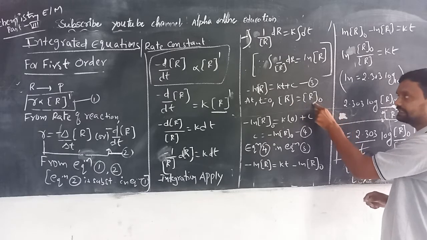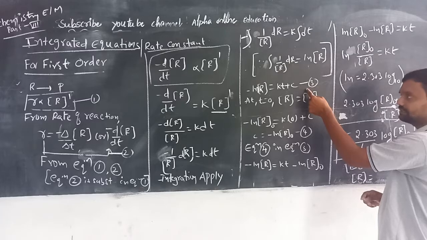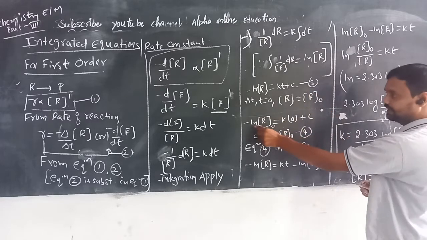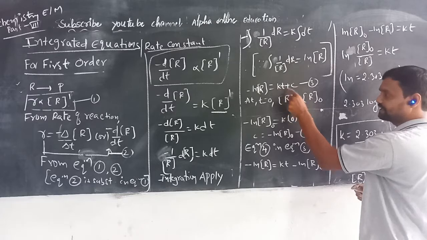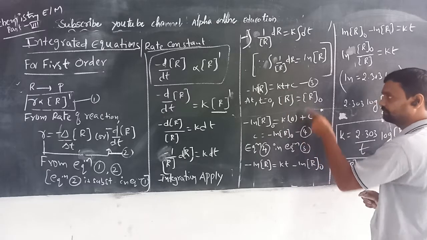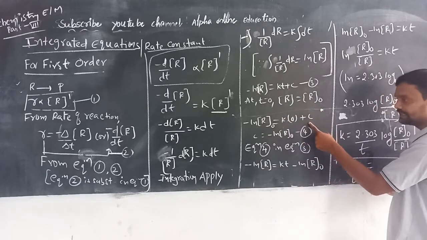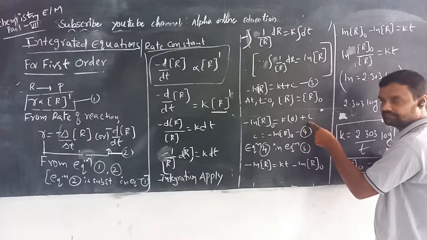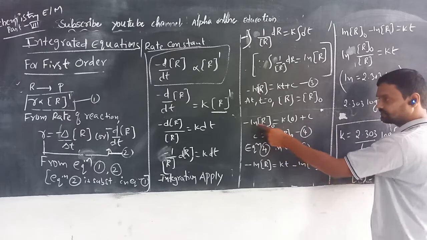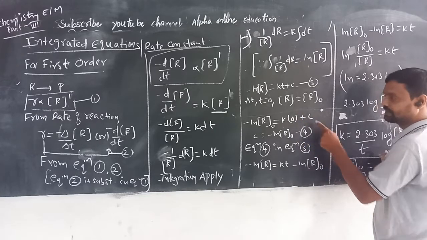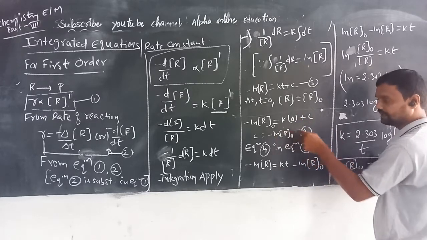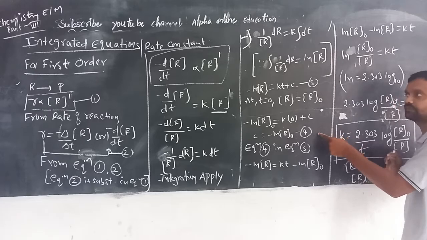This value is substituted in equation 3. So minus ln R naught is equal to K into 0 plus C. Then we get the C value, that is, C is equal to minus ln R naught. Let this be equation 4.